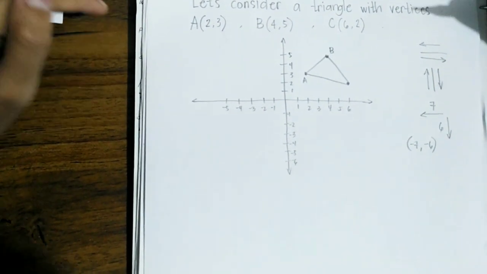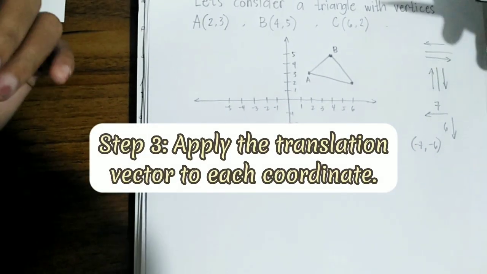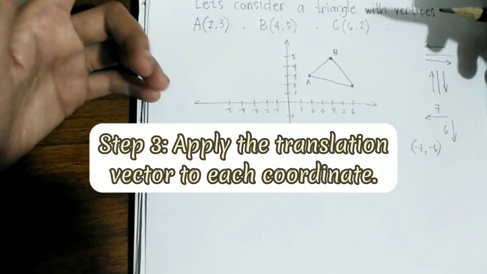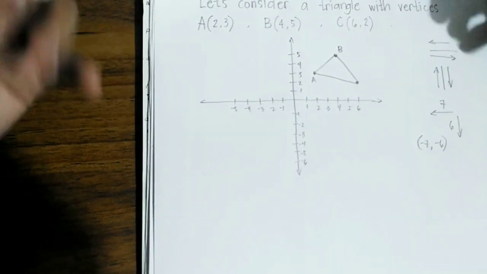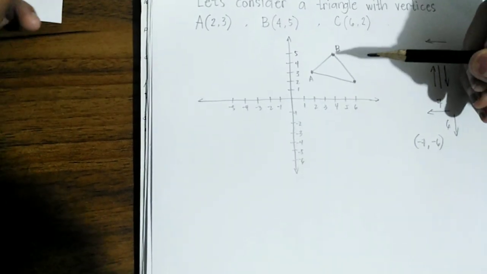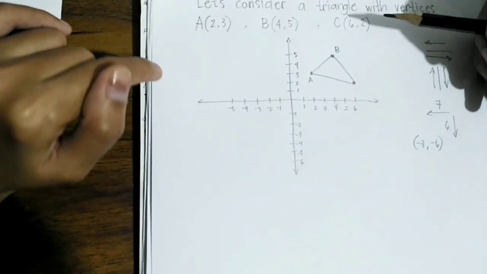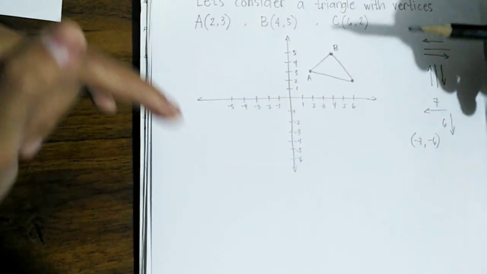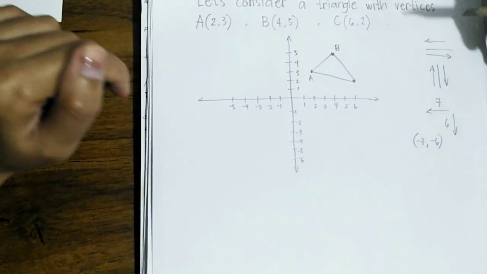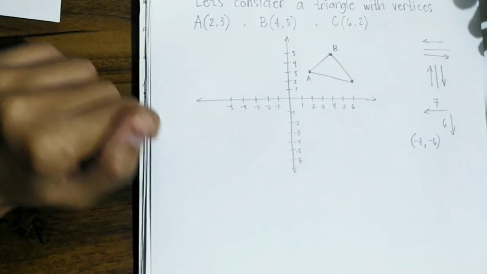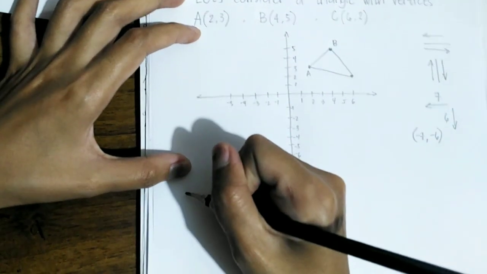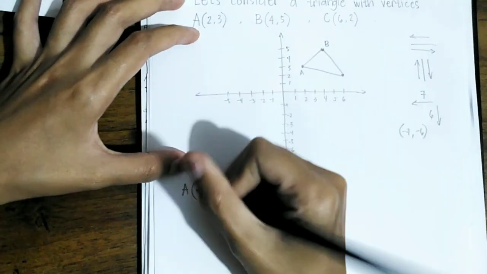In the next step, we will apply the translation vector to each coordinate. To translate each vertex of the original figure, add the corresponding components of the translation vector to the original coordinates. So the original coordinates of point A are (2, 3).